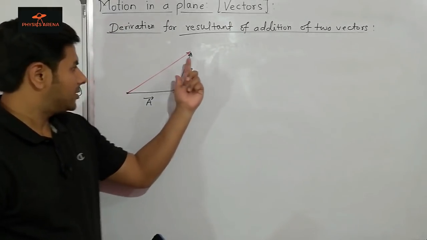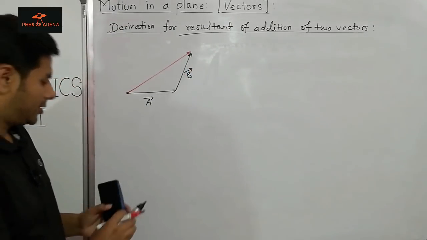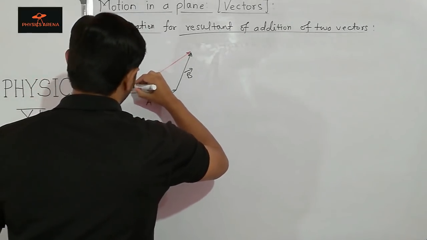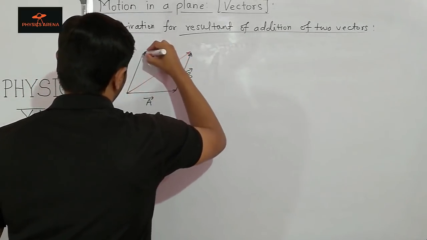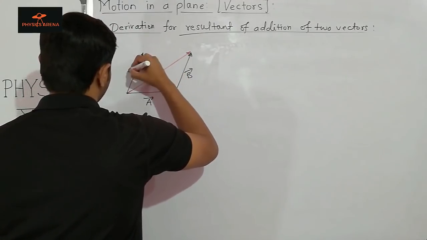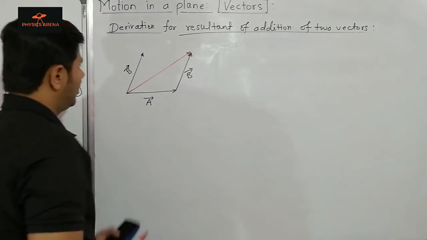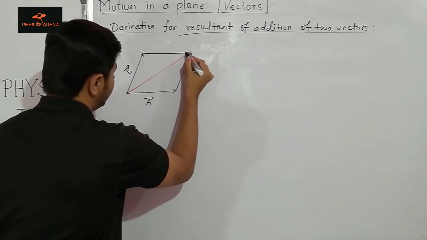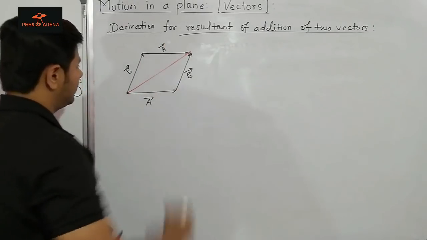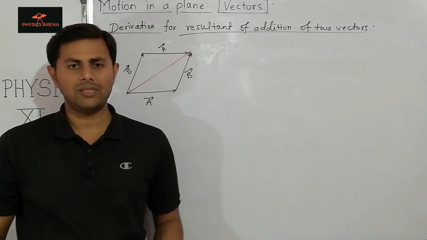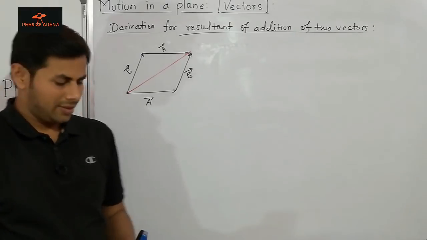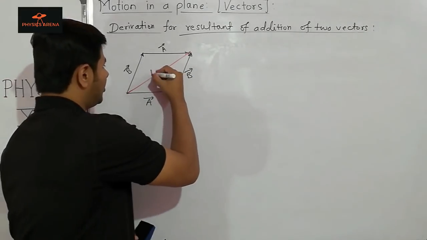Now I can draw this B bar here. We know that this addition is commutative. So this is my B bar, and let's draw this A bar like this. This is A bar. Now this is a parallelogram, so the triangle law can be equally called the parallelogram law.